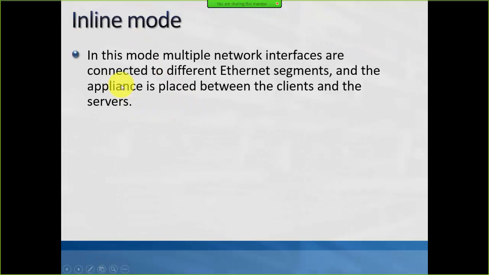In inline mode, network interfaces are connected to different Ethernet segments, and the appliance is placed between the clients and the servers. So suppose you have 5 floors, and there are 5 different subnets, each floor having its own subnet, and ultimately the connectivity is coming to the NetScaler.